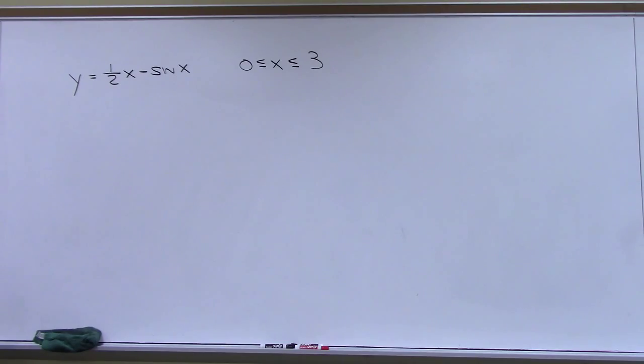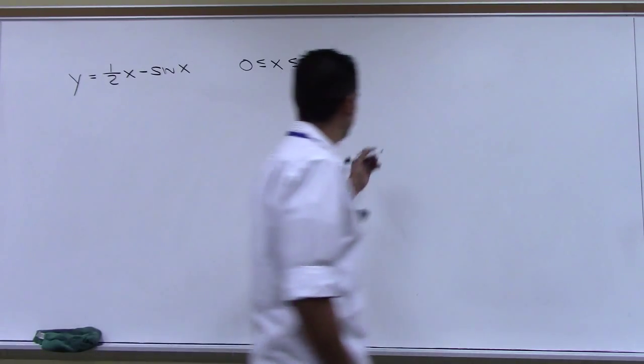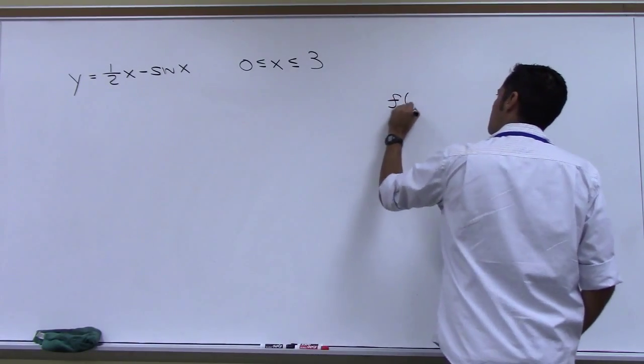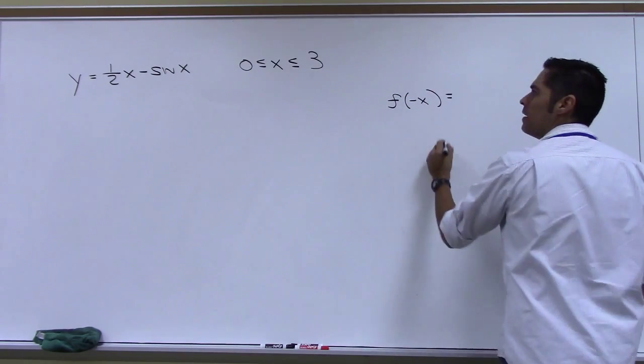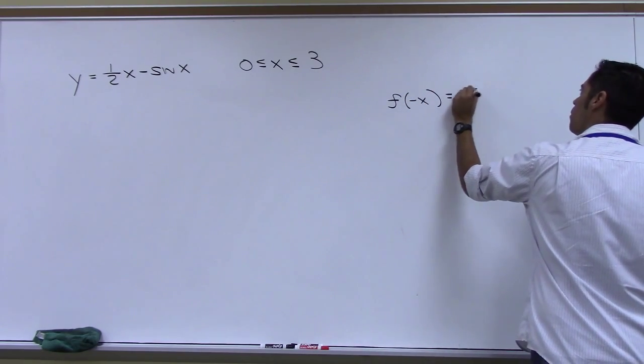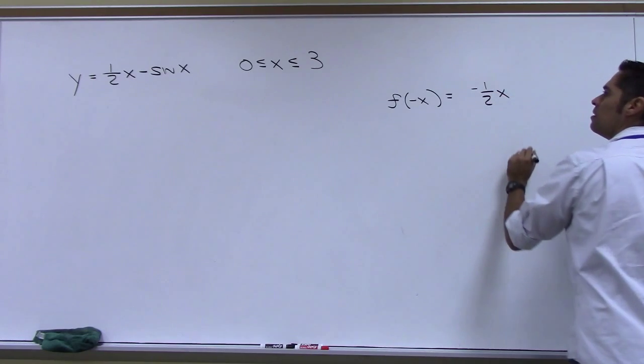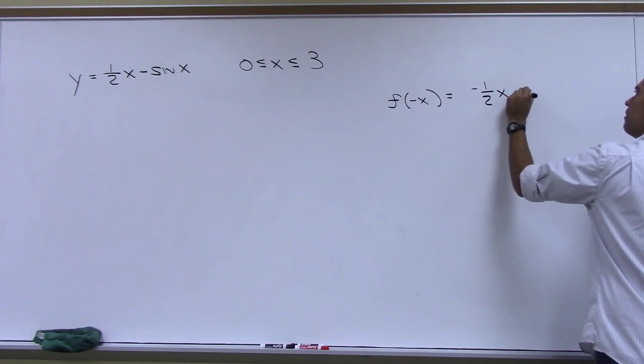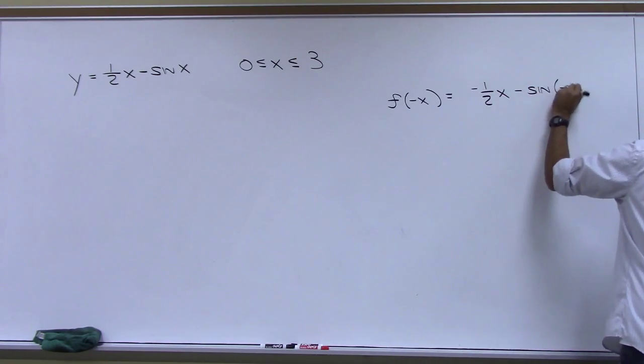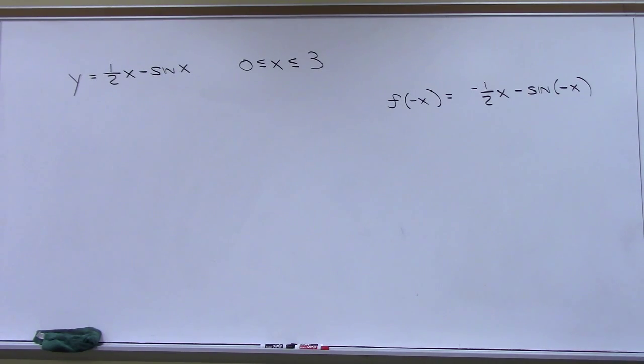Symmetry, if I try and plug in, let's see, what's f of negative x going to be if I try that? It's 1/2 x and then minus sine of negative x. And sine is an even or odd function? Remember from pre-cal? It's odd.